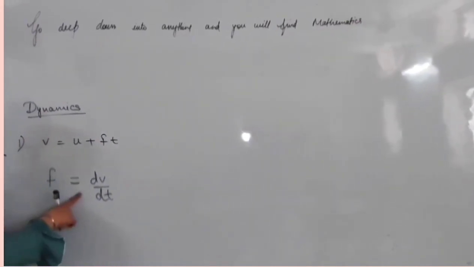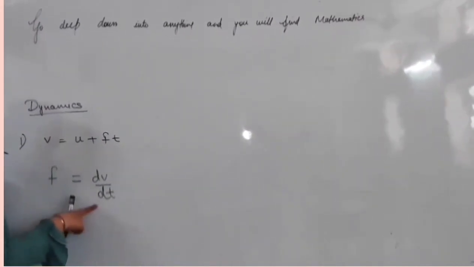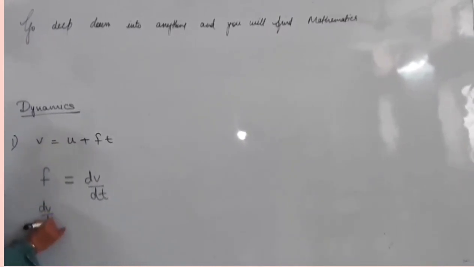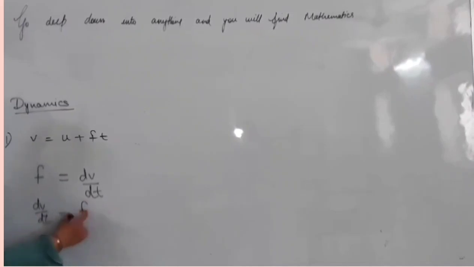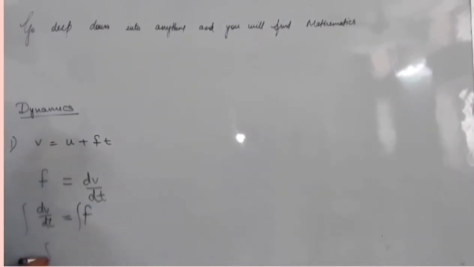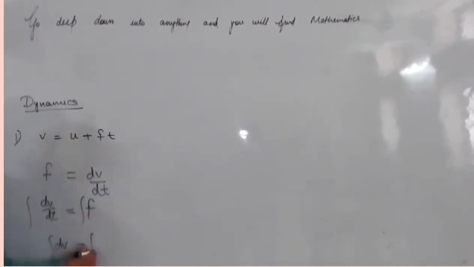So we will use F is equal to dV upon dt, and then we will take dV upon dt on left side is equal to F. Integrating both sides, we get this is equal to this.